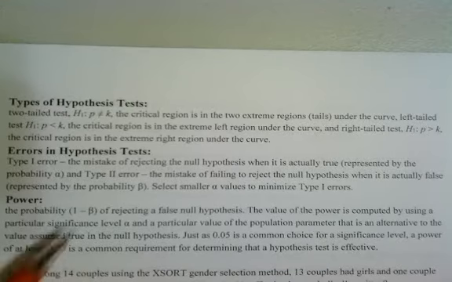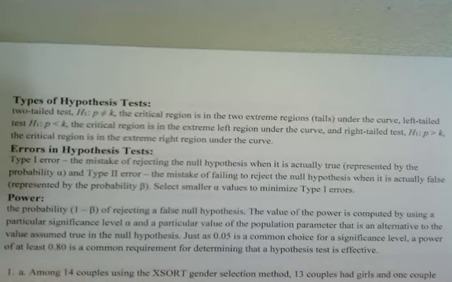Power is the probability, labeled 1 minus beta, of rejecting a false null hypothesis. The value of the power is computed by using a particular significance level alpha and a particular value of the population parameter that is an alternative to the value assumed to be true. Just as 0.05 is a common choice for a significance level, a power of at least 0.8 or 80% is a common requirement for determining that a hypothesis test is effective.